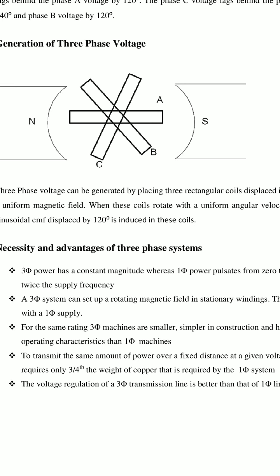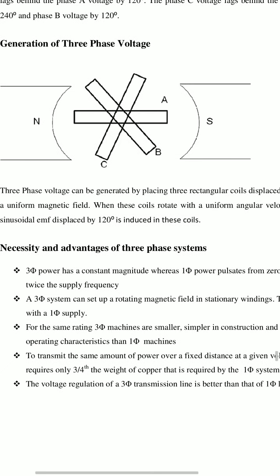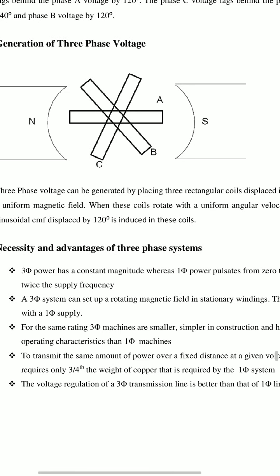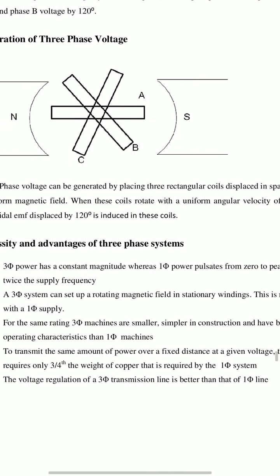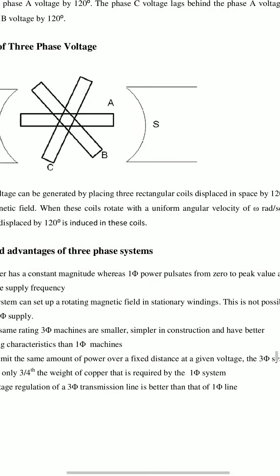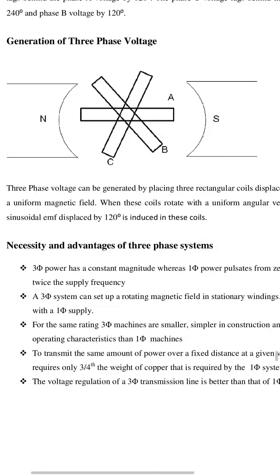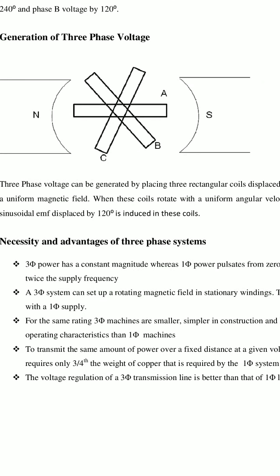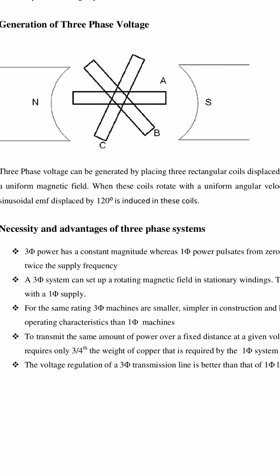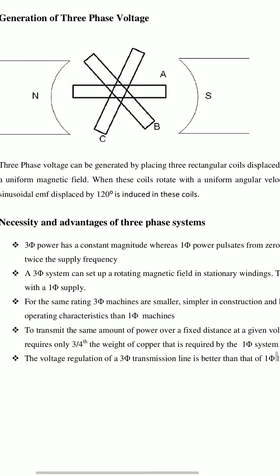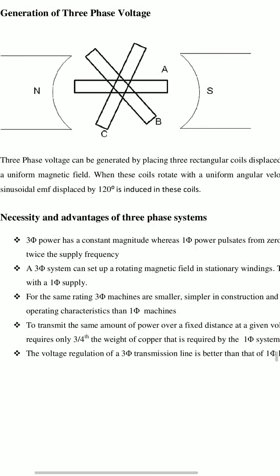When these coils rotate with a uniform angular velocity of omega radians per second, a sinusoidal EMF displaced by 120 degrees is induced in the coils.